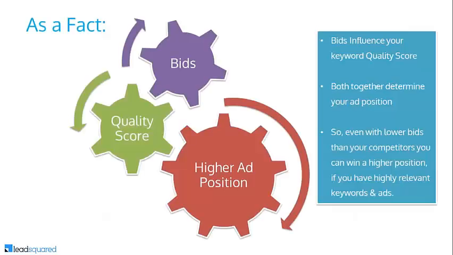Okay. As a fact, bids influence your keyword quality score. Both together determine your ad position, and therefore even with a lower bid, you can win a higher position than your competitors if you have a relevant ad and keywords in AdWords, right?